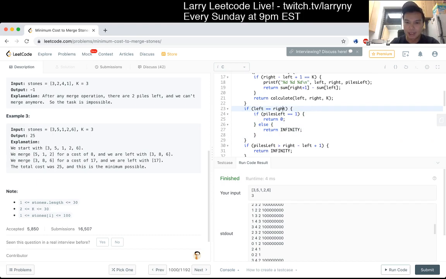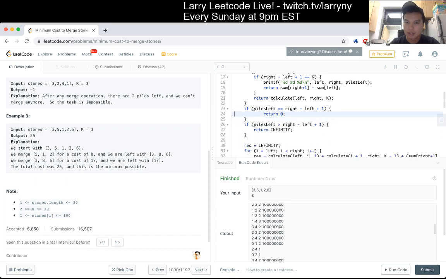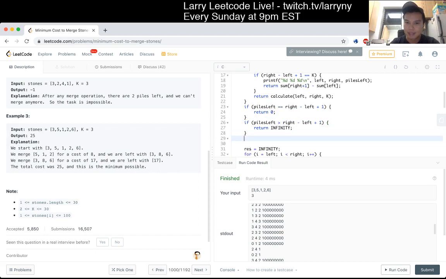So we can actually clean that up even. It's equal to right minus left plus 1. Then, like that maybe. I don't know if I deleted an infinite case, but I think that's just a base case in general.